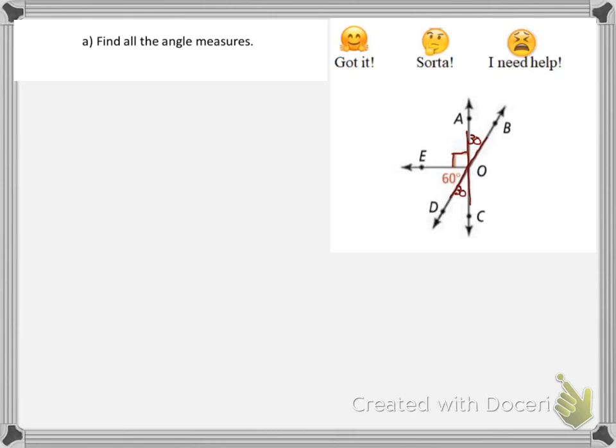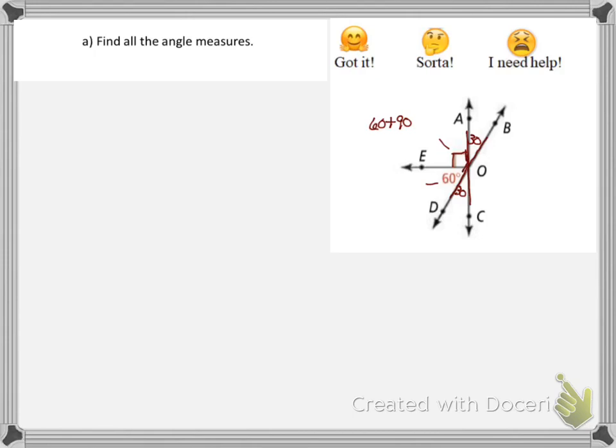And since we have vertical angles right here at AOD and BOC, those are also vertical angles. And if we look at 60 plus 90 degrees, what I'm doing is adding these angles together because that's what's making the vertical here.